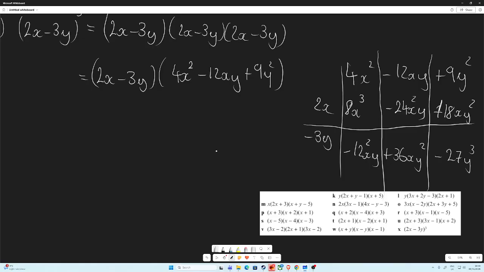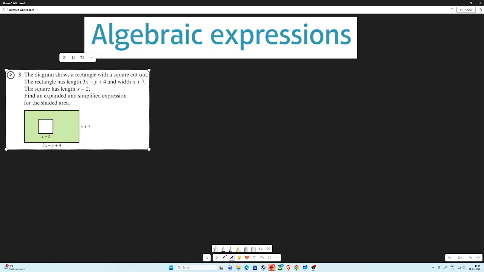Okay, we don't have any common factors here because it's 8x cubed. Actually, no, we do. Minus 36x squared y plus 54xy squared minus 27y cubed. That's the second question done. Thank you. Okay, let's carry on.